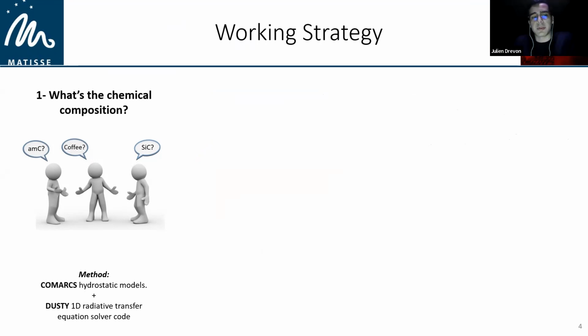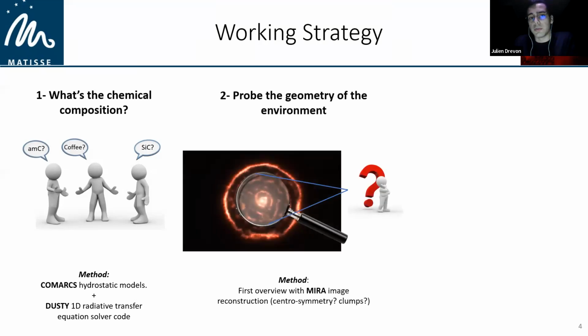The second step, once we have the chemical composition, was to probe the geometry of the environment. To do this, we used two different methods. The first was MIRA image reconstruction, at first glance to know whether this is a centrally symmetric object or whether there is any specific structure that we can spot.